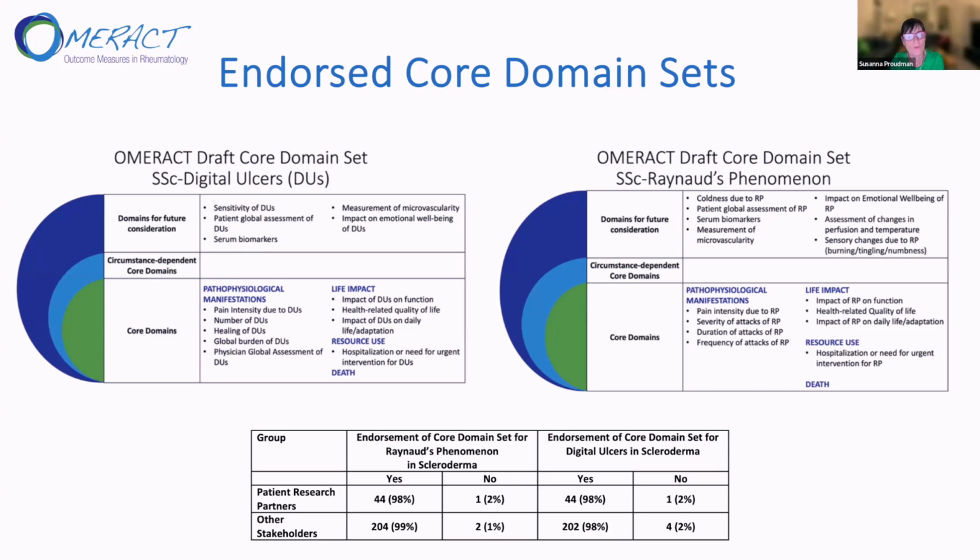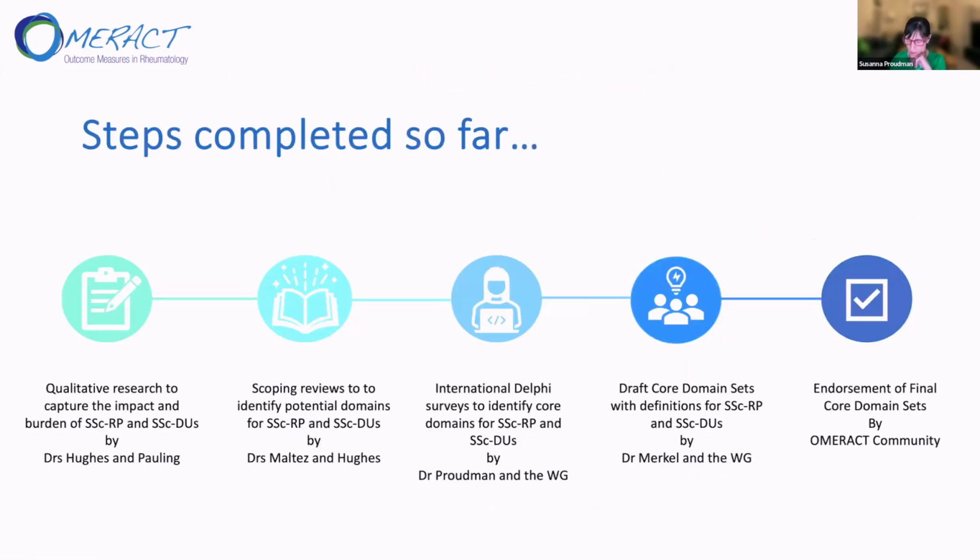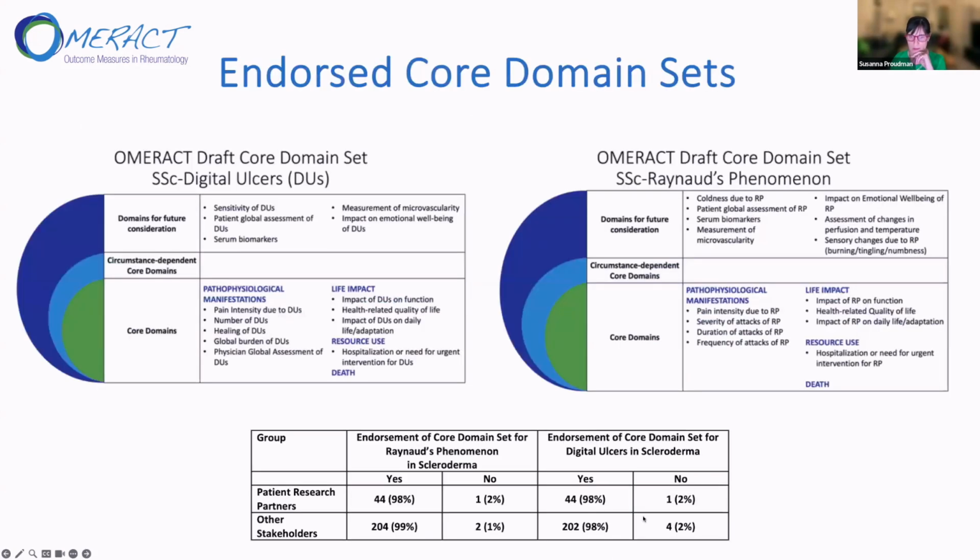There were a couple of domains that we brought through to the core domain sets which, whilst they didn't meet the 70% threshold by one stakeholder group, the work that had been done before and the expert opinion was such that they were considered so important by patients in particular that we brought them across anyway. They were slightly unexpected things like pain intensity. That did pose us a few problems, but we went with the expert opinion and the patient's lived experience as much as anything.